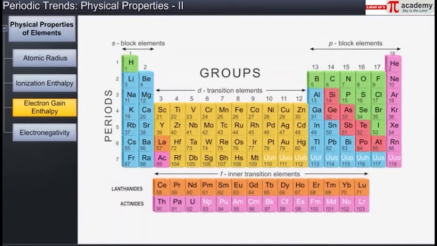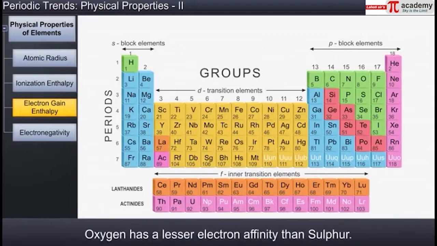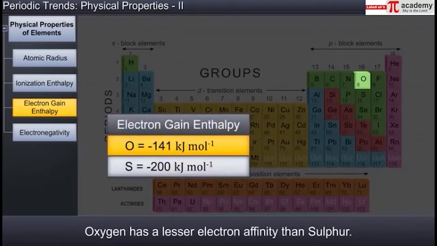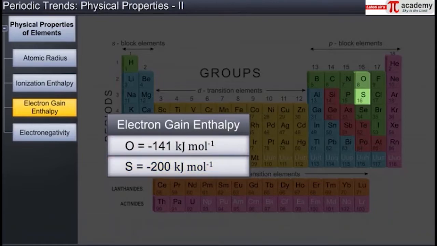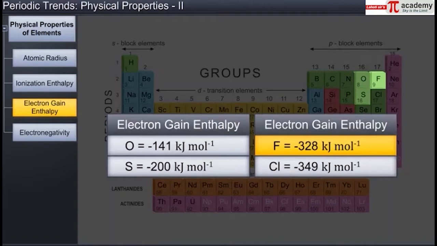However, there are exceptions to this rule. For example, the electron gain enthalpy of oxygen is less negative than that of the succeeding element sulfur. And the electron gain enthalpy of fluorine is less negative than that of the succeeding element chlorine.